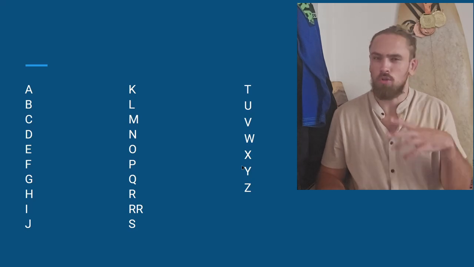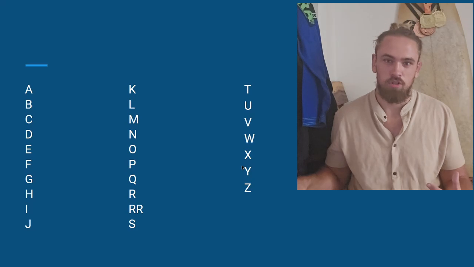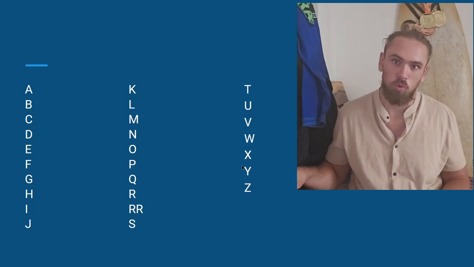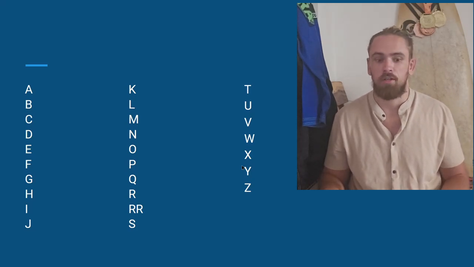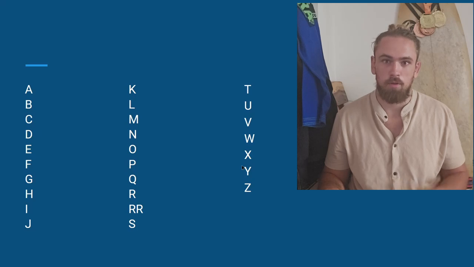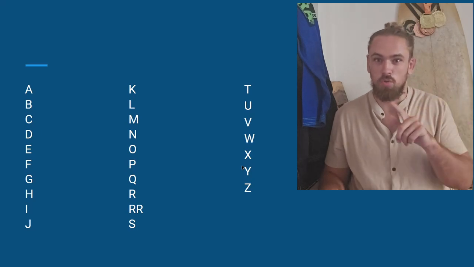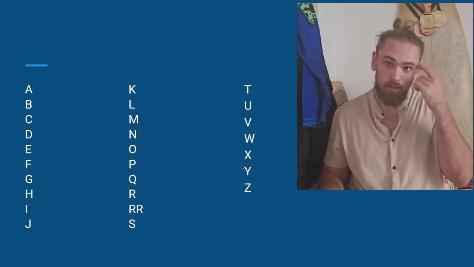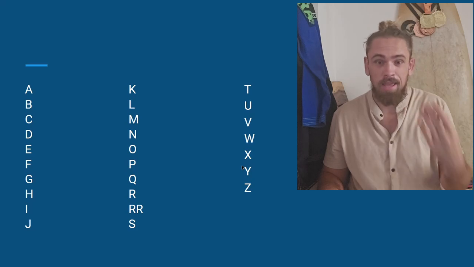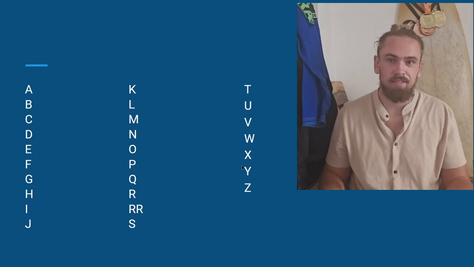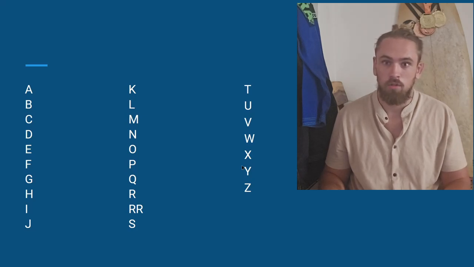W, you'll really never see this letter in Spanish. It's only used in foreign loan words, but you won't really hear it. And most of the time, it'll get transliterated as like a G-U-I, G-U-E, something like that to replicate that sound. X has a ton of sounds. It could be like a KS, it could be an H, like Mexico, right?